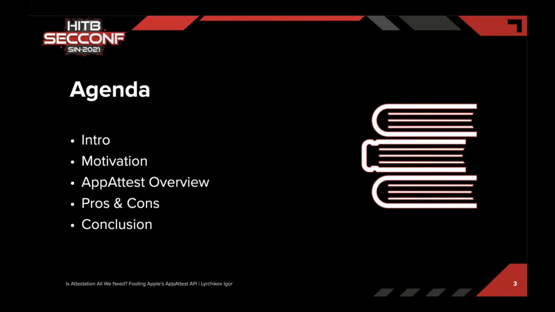We'll see what this technology is, what the right motivation is to implement and start using it, and, most important, how good it actually is and what the current bypass possibilities are for a potential attacker. This talk is mostly for mobile application developers and defensive teams who are considering implementing additional protections in their anti-tampering mechanisms.